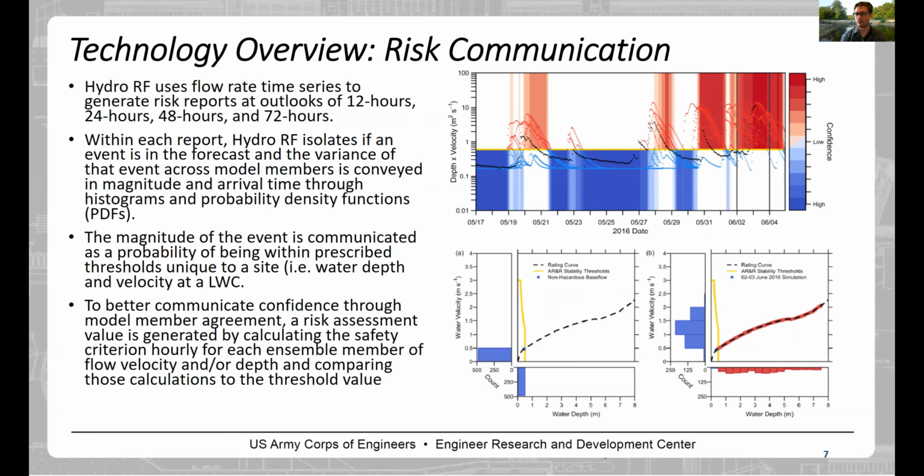How can we do for flash floods like the weatherman does for precipitation, where we say, two days from now, there is a 70% chance of unsafe conditions at a specific low water crossing. And this is a simple version of how that can happen by using probabilistic forecasts.